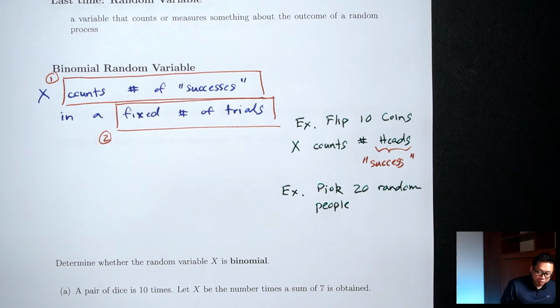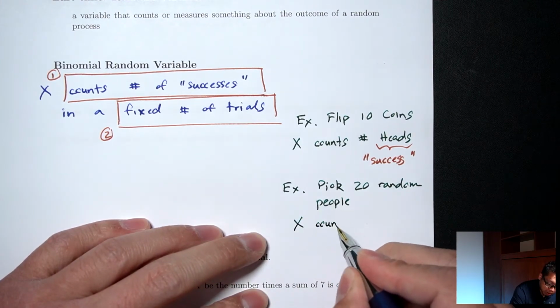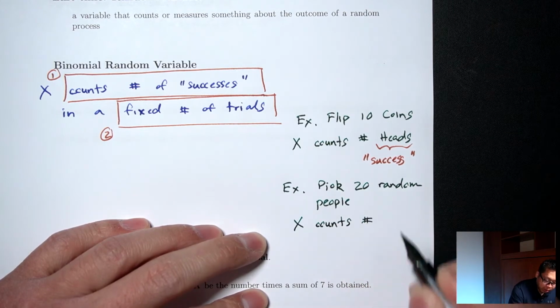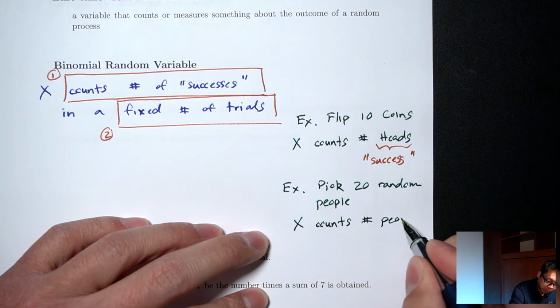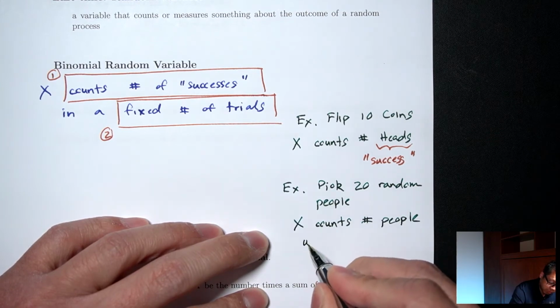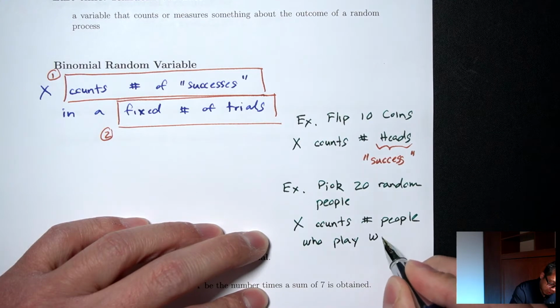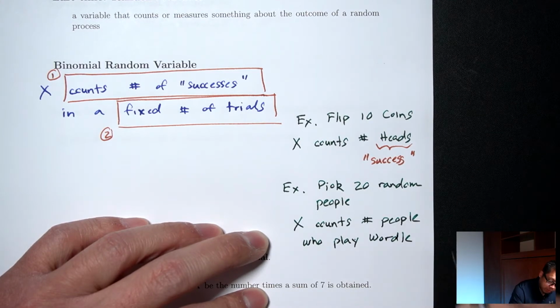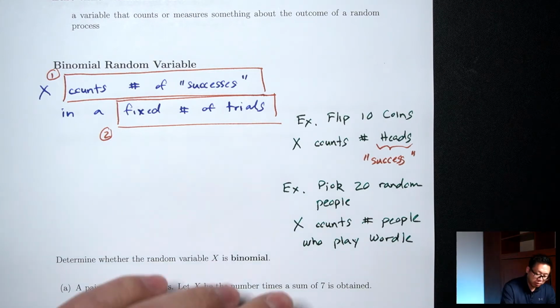Now, what is it that I'm counting here? Say I'm counting the number of people who play Wordle. So here, playing Wordle is what I consider to be a quote-unquote success.